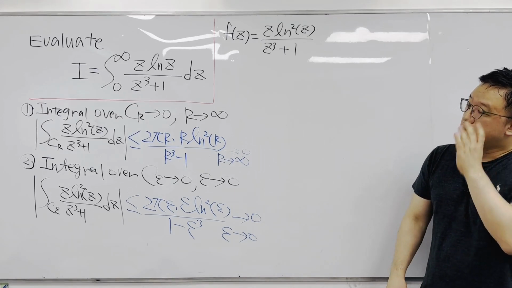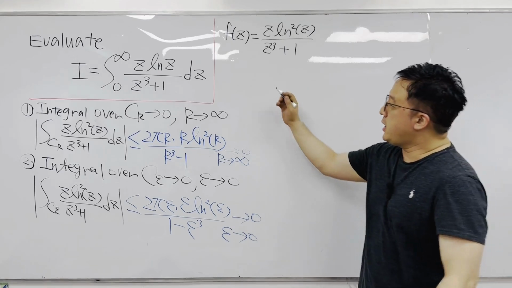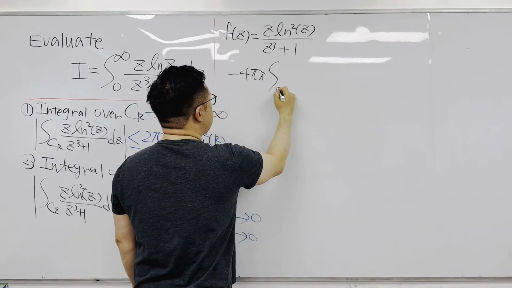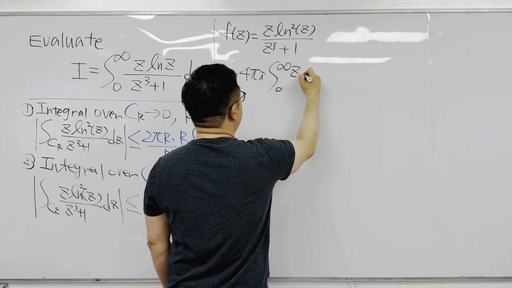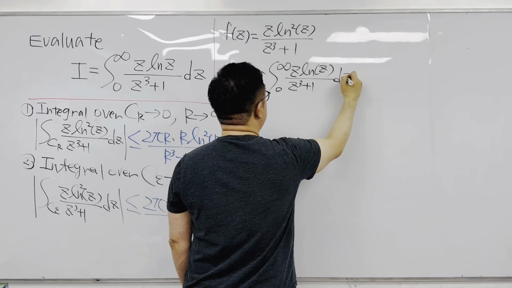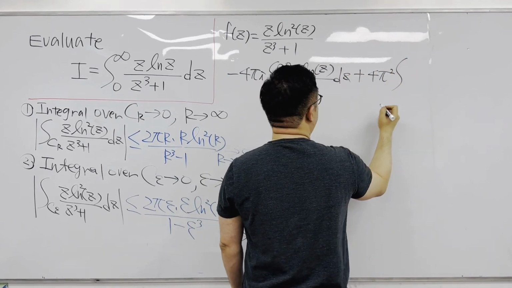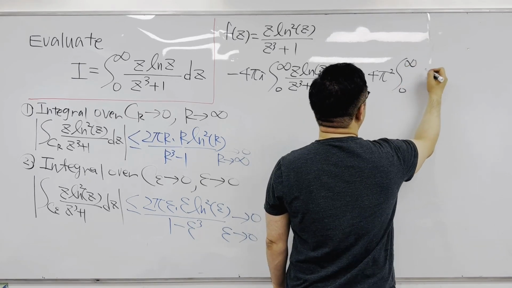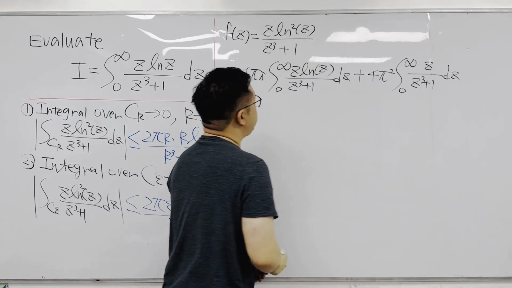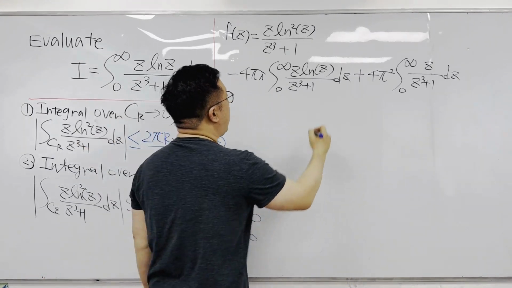Okay, so based on this, putting it all together, you're working on negative 4πi times the integral from 0 to infinity of z ln z over z³ + 1 dz plus 4π² times the integral from 0 to infinity of only z over z³ + 1 dz. From this, I'll be calling this just I, right?